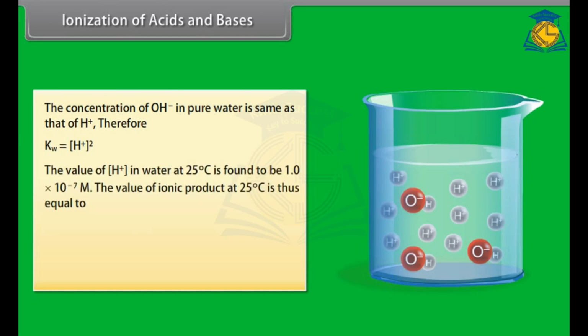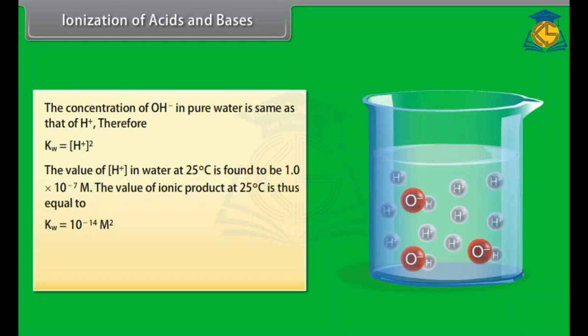The value of [H+] in water at 25 degrees Celsius is found to be 1.0 into 10 raised to the power minus 7 M. The value of the ionic product at 25 degrees Celsius is thus equal to 10 raised to the power minus 14 M squared.